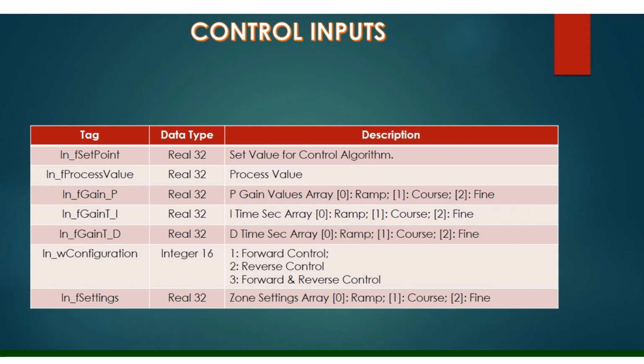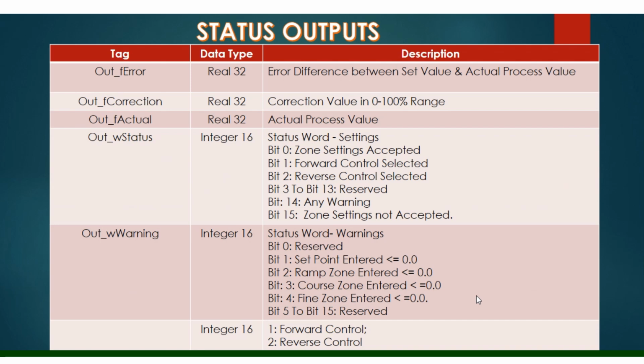The float setting values are your zone values. That means this 0 will be for the ramp zone, 1 will be for the coarse zone, and 2 will be for the fine zone.